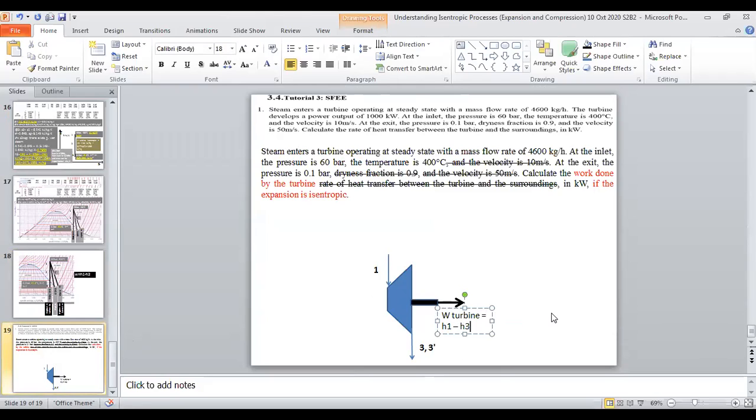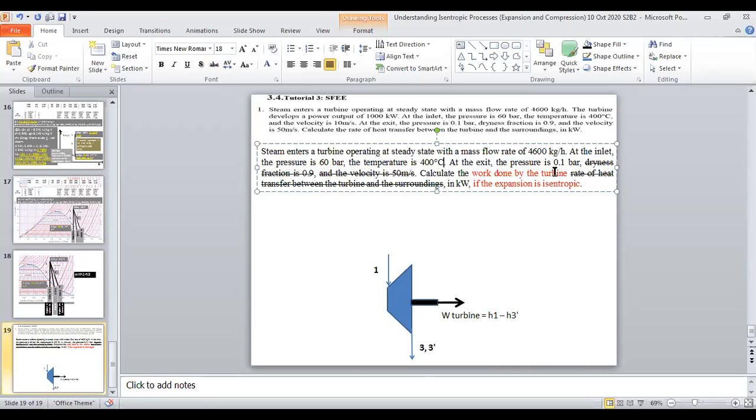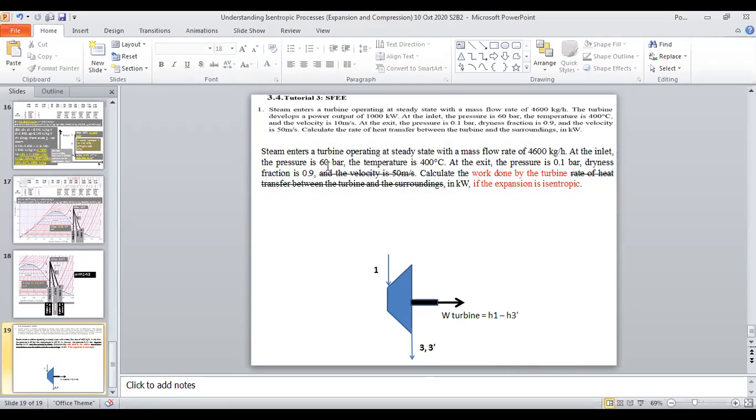H3 dash. Actually, it is H3 dash. Dash is the real. Yeah, real. So you have some expansion now. You can see because at the exit pressure 0.1, now you have dryness fraction 0.9. Okay, and I take this all out.